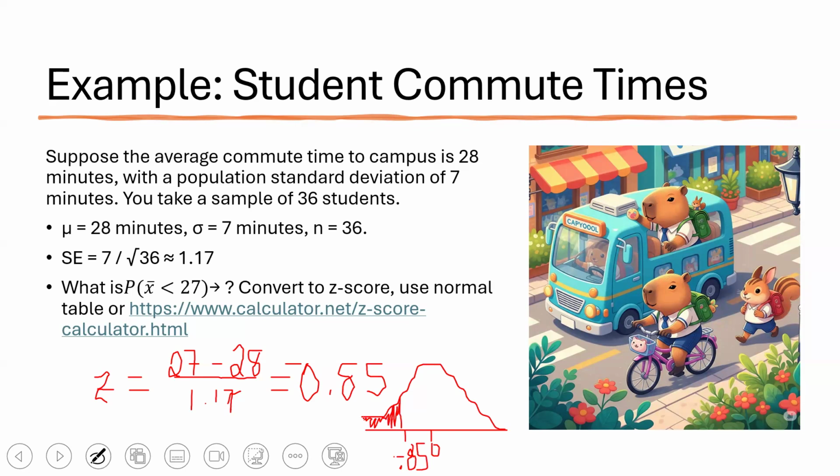So we can look that up on a normal table or use one of the websites I gave you before, like this one. We're going to find that that probability is about 0.1977. So there's about a 20% chance that a sample of 36 students has an average commute under 27 minutes.